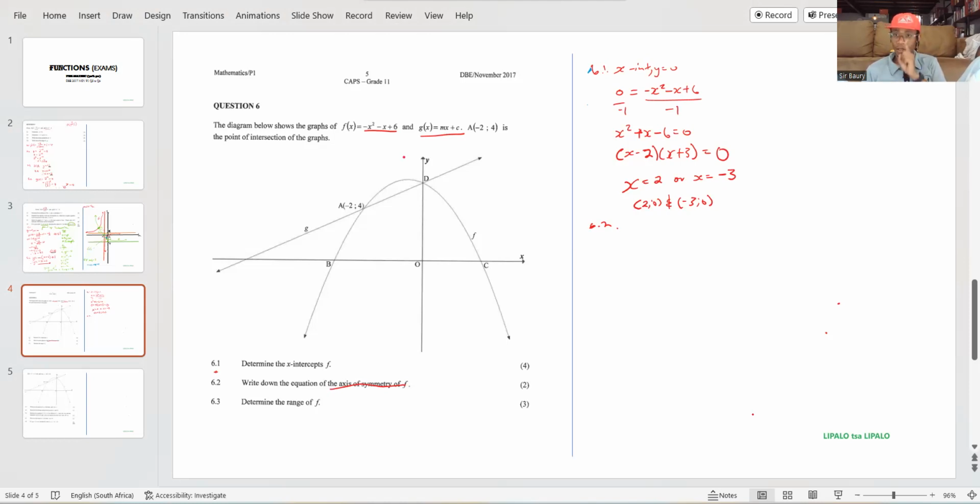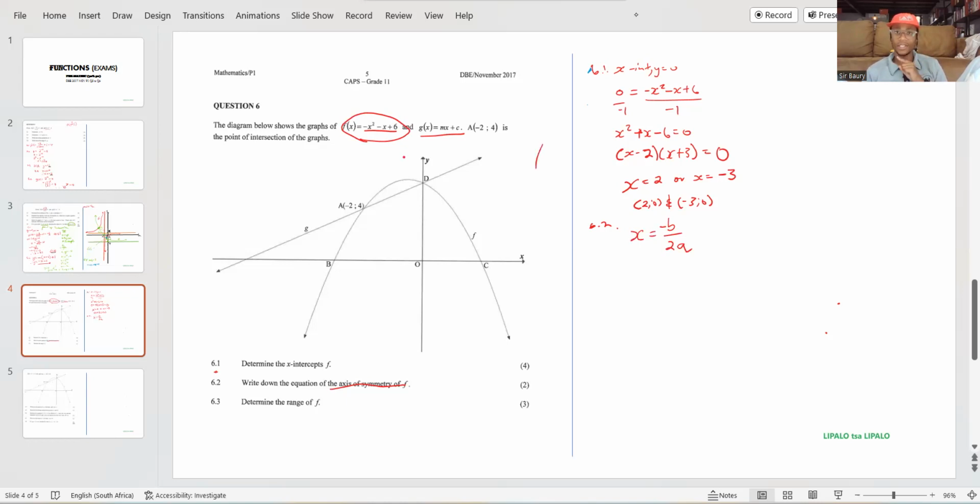The x coordinate at the turning point gives me the axis of symmetry. If I'm given a parabola in this structure, ax squared plus bx plus c, this is how I find the x coordinate of the turning point. And it's the axis of symmetry too.